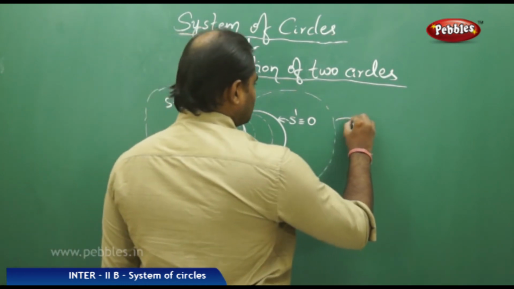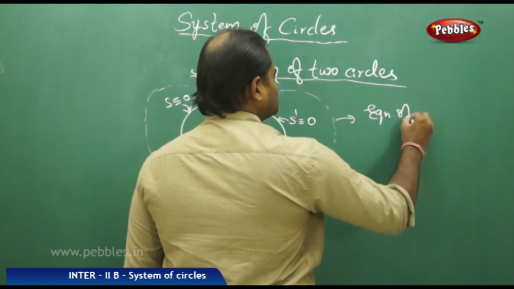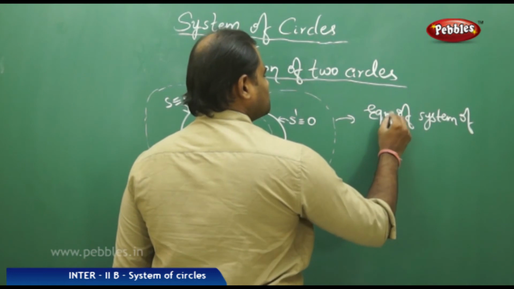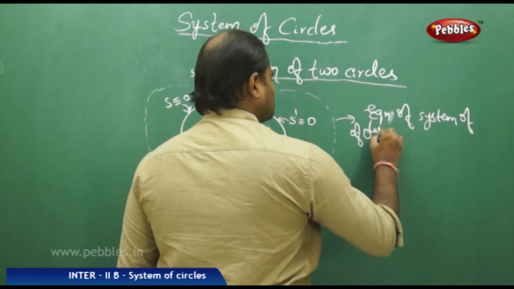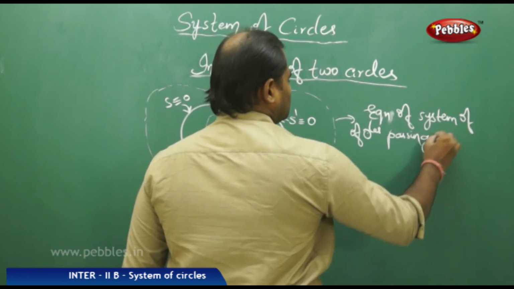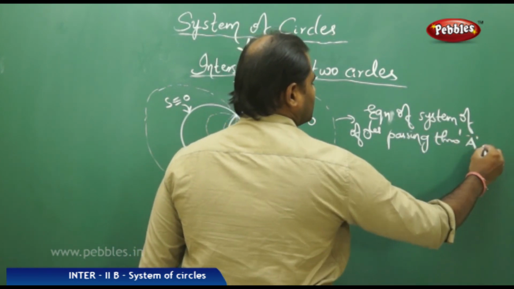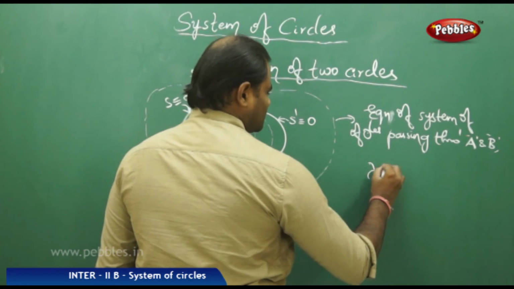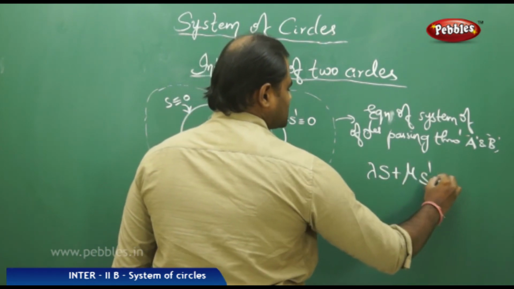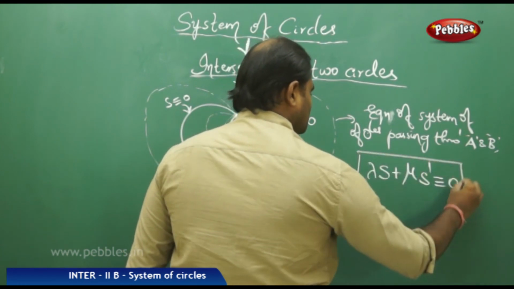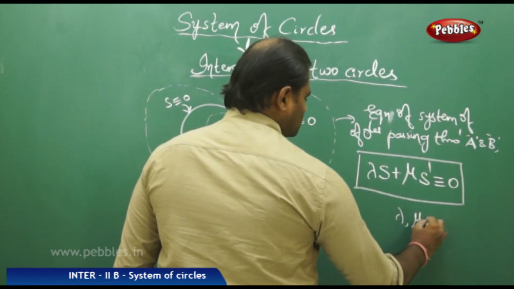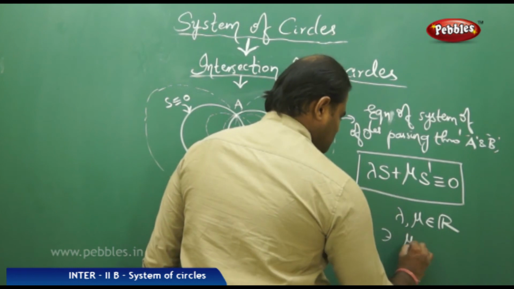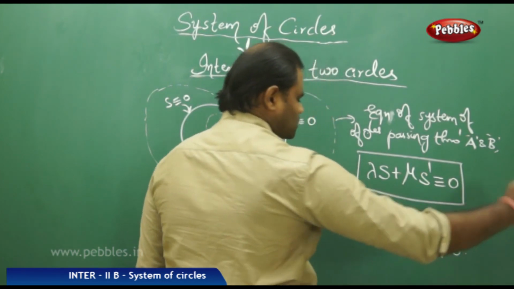Now, the equation of the system of circles passing through A and B is given by lambda S plus mu S dash equal to 0, where lambda and mu are real numbers such that mu plus lambda is not equal to 0.